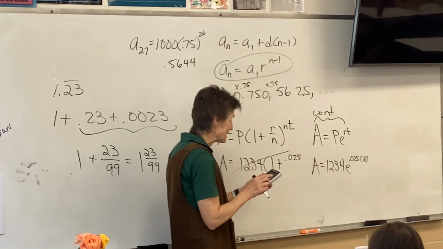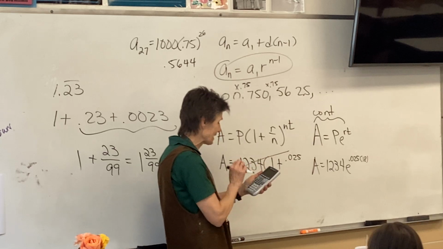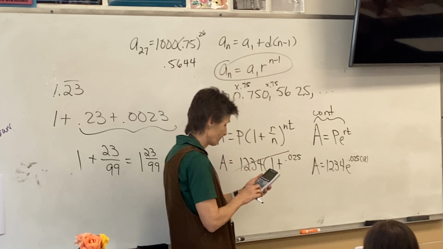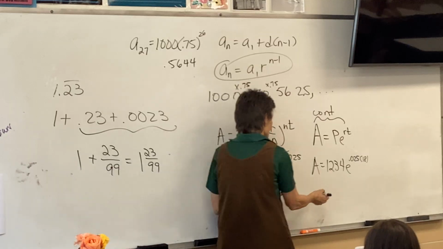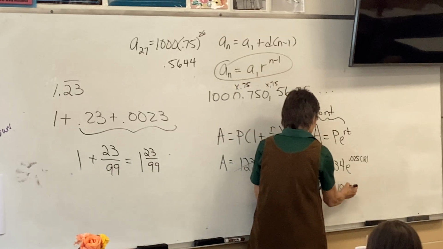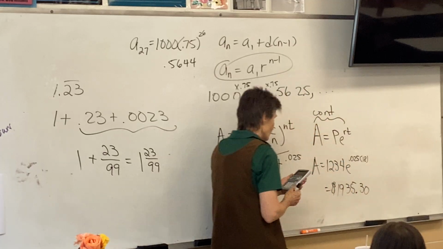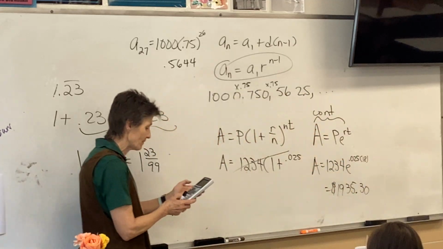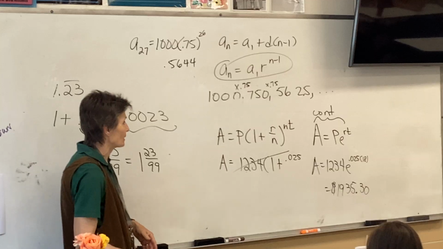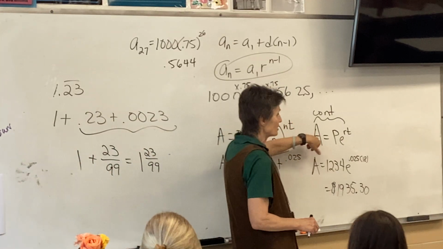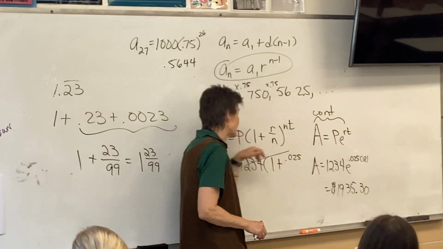Remember to get e, you press second ln. And you should come up with $1,935.30. So these formulas are on your paper. This is the one for continuous. This is the other.